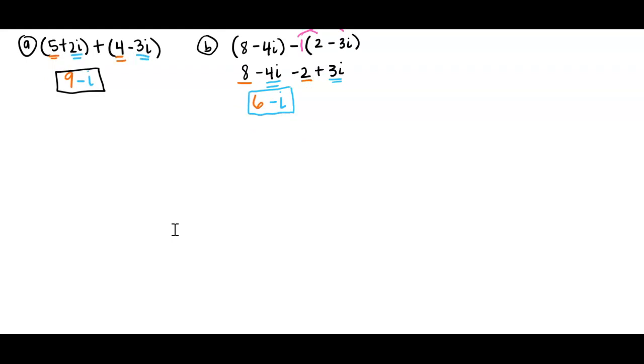Okay, let's look at multiplying some complex numbers next. So multiply, and then again, make sure that you put it in the form of a plus bi.